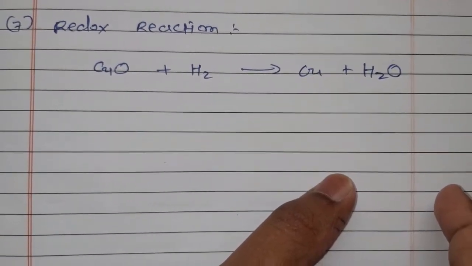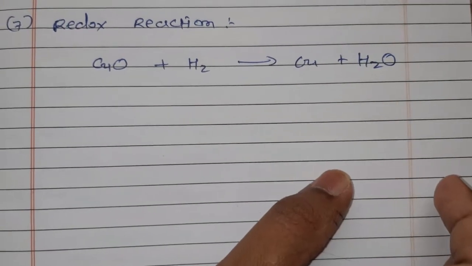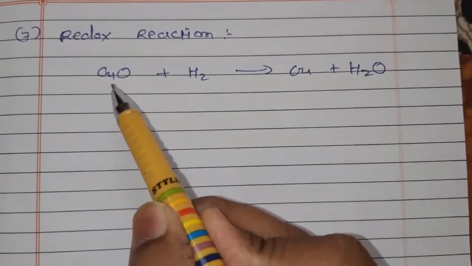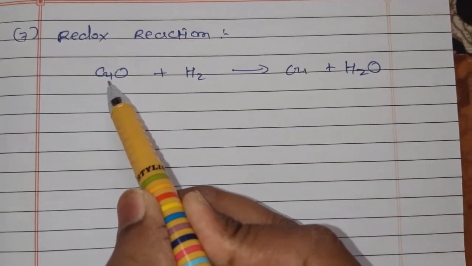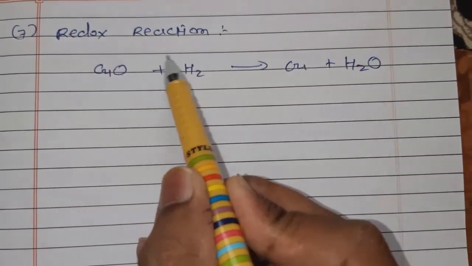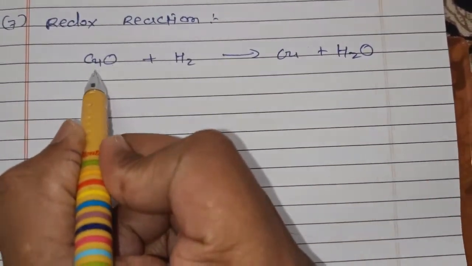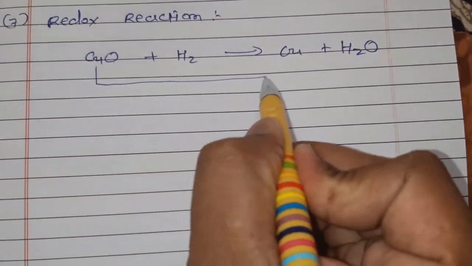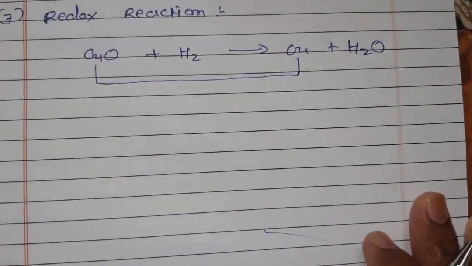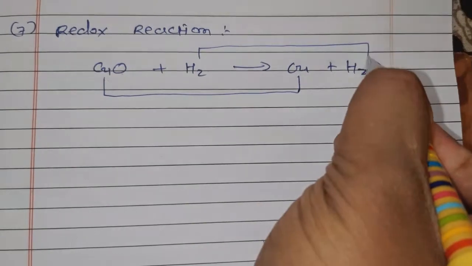So the last one is the redox reaction. A redox reaction is one in which oxidation and reduction are carried out simultaneously. In this example, copper oxide and hydrogen react with each other, and the oxygen is displaced to the hydrogen. That means copper loses oxygen, and as we know the definitions of oxidation and reduction, hydrogen is oxidized.